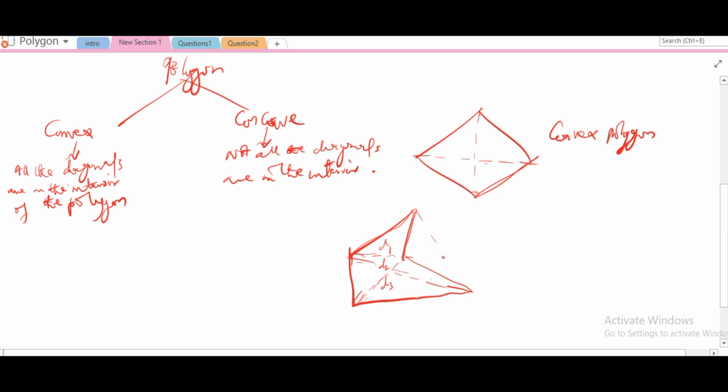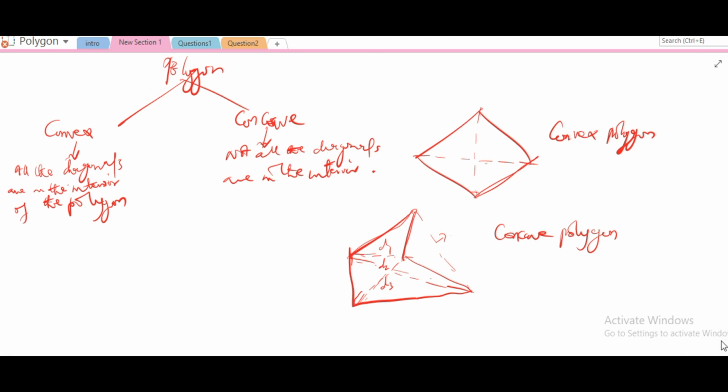You notice that this one is outside. It's not inside. So this is a concave polygon. Actually, what we are talking about is convex polygon. We don't normally pay attention to concave polygons. So everything we are doing here is based on convex polygons.